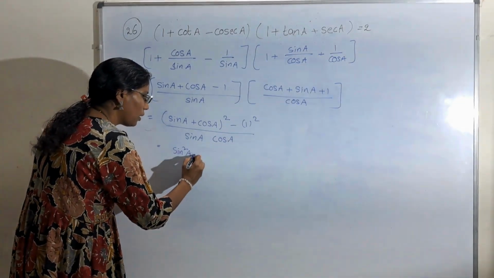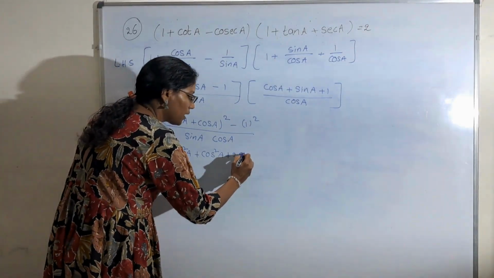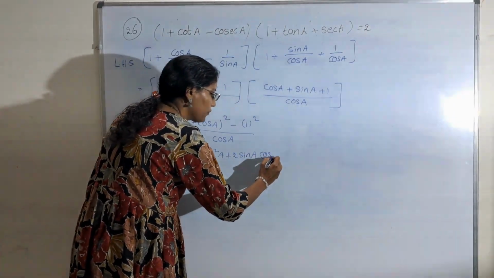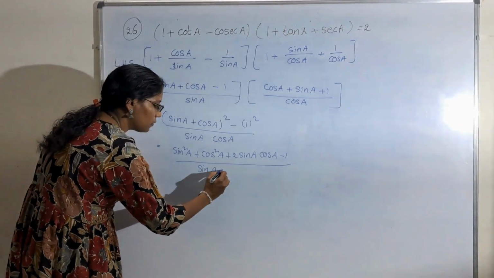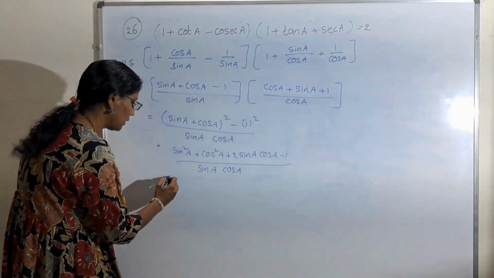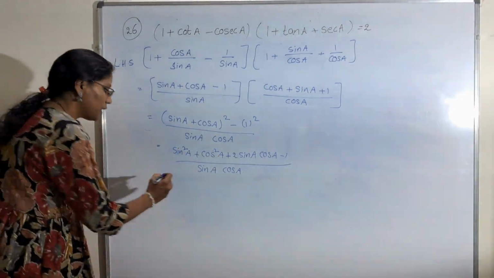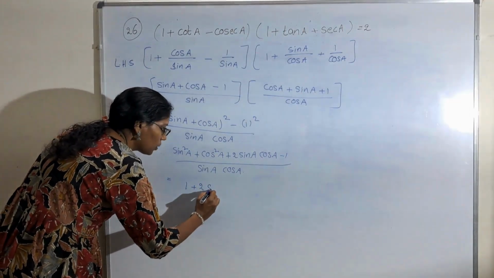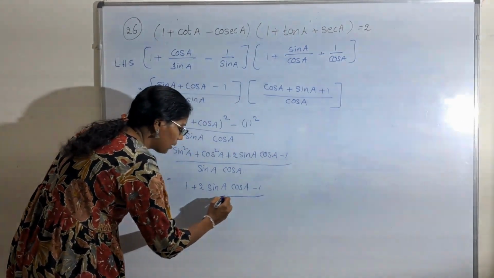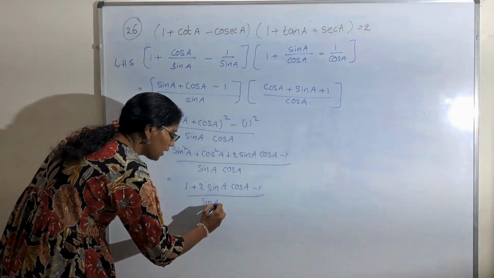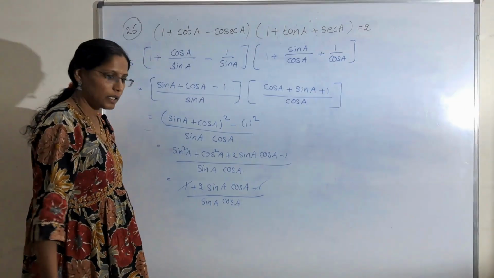Sin square A plus cos square A plus 2 sin A cos A minus 1, by sin A cos A. Here sin square A plus cos square A is 1, by the identity. So 1 plus 2 sin A cos A minus 1, by sin A cos A. Here plus 1 minus 1 cancel.